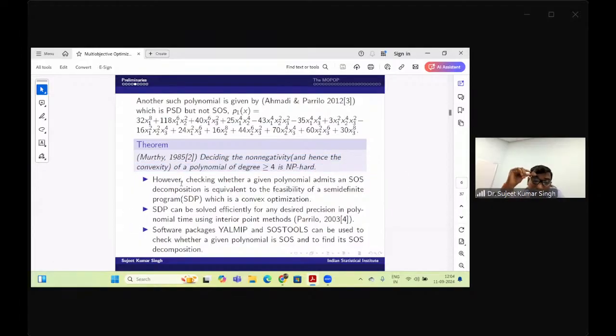But checking the SOS representation of a polynomial is a semi-definite optimization, and a semi-definite optimization is a convex optimization, which is a tractable problem.